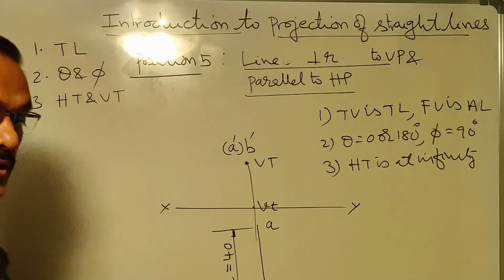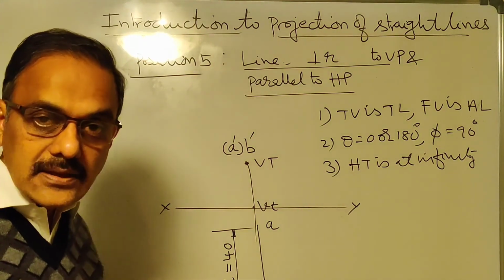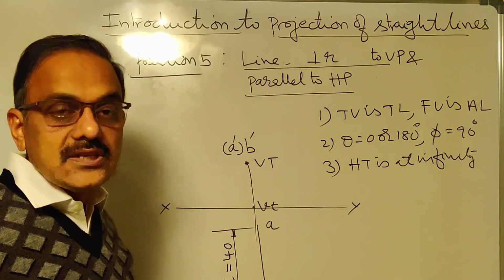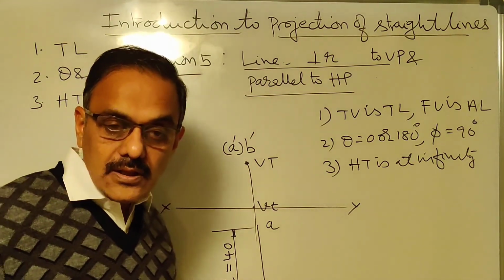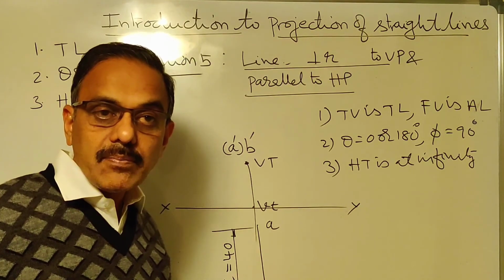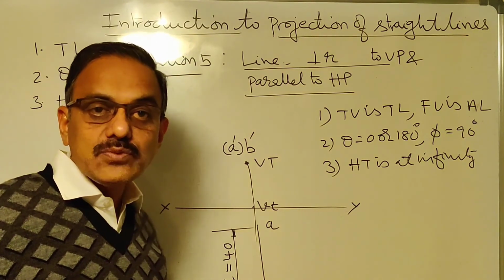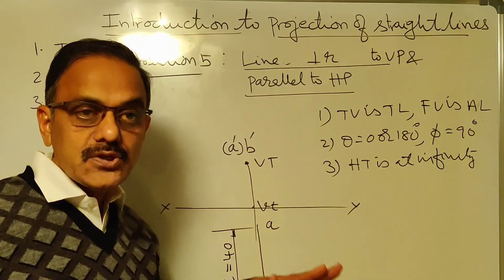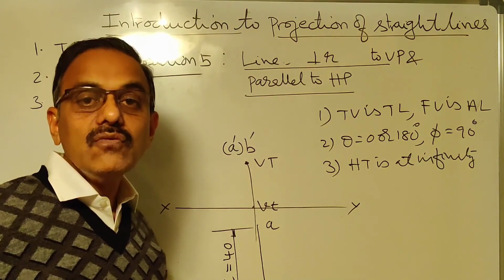So this is about the introduction to projection of straight lines. We have discussed 5 positions. In all the 5 positions, the line was kept parallel to either HP or VP. Is it not? In the first 3 positions, I kept the line parallel to VP.